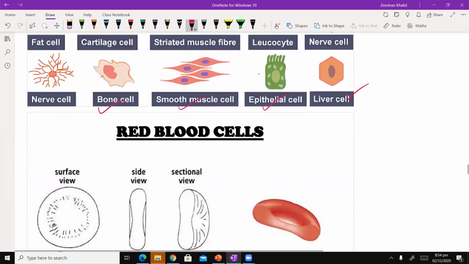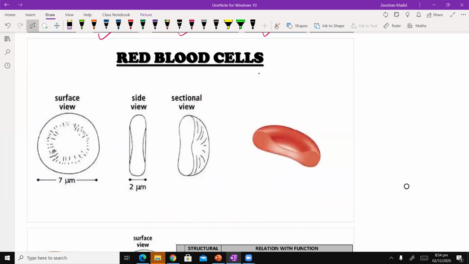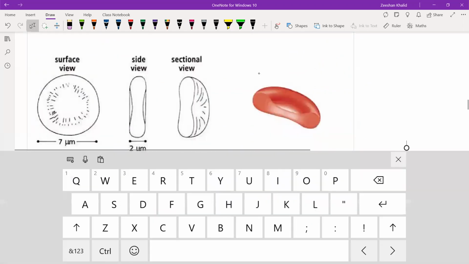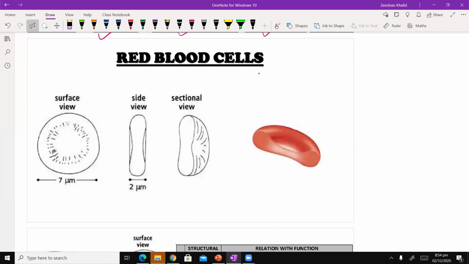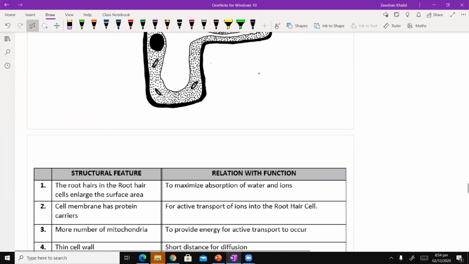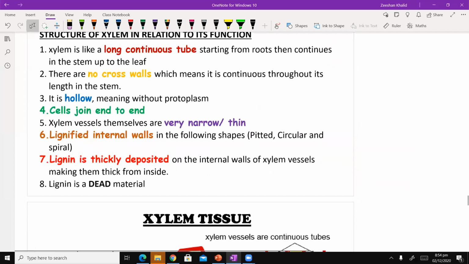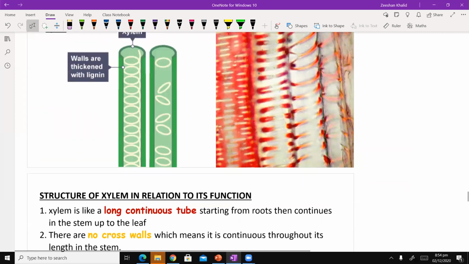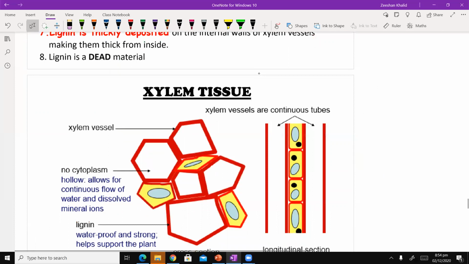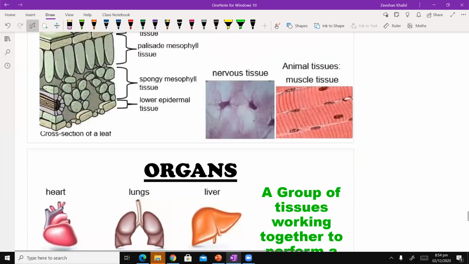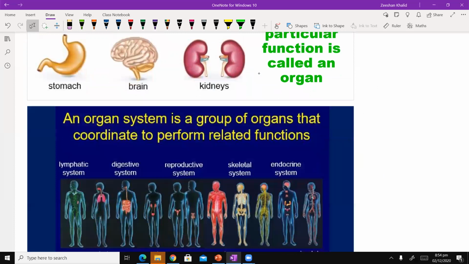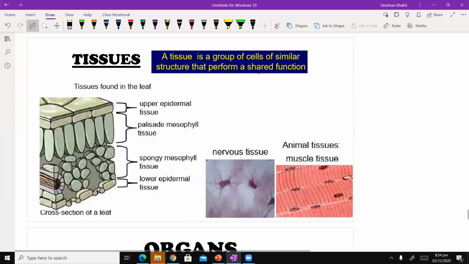The specialized cells that we are going to talk about are red blood cells, root hair cells, and epithelial cells. These are the three basic specialized cells that we are going to talk about, inshallah, finally concluding with the tissue, which is xylem. And then, inshallah, we will talk about the levels of organization.